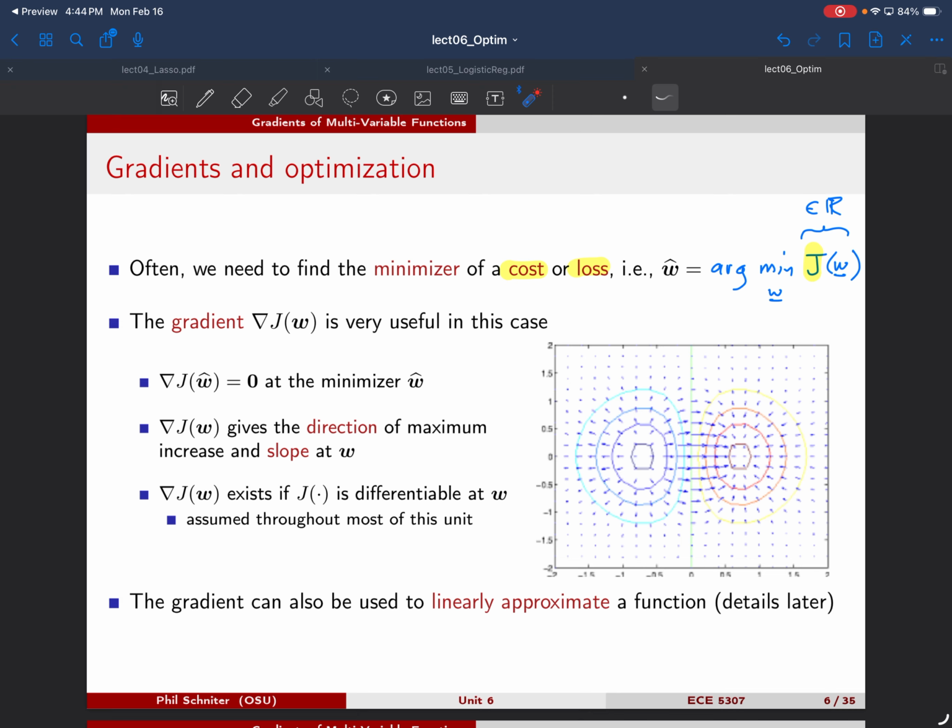So, what is the gradient? And we'll come back to proving this maybe today, maybe next lecture. But the gradient is basically telling us the direction of maximum increase at the point W of this J, and the slope, how much it is increasing.